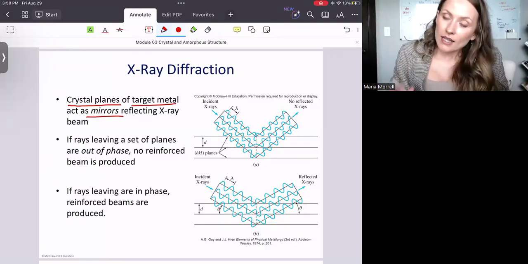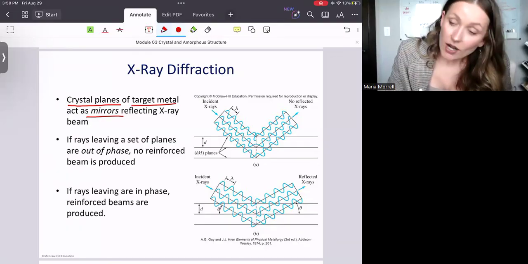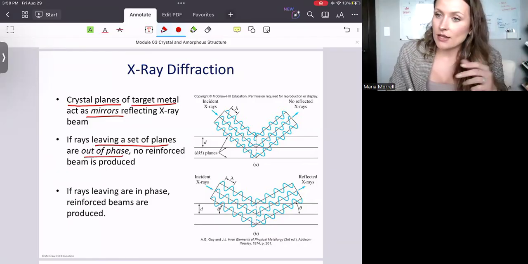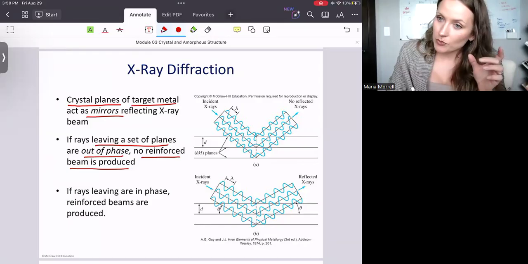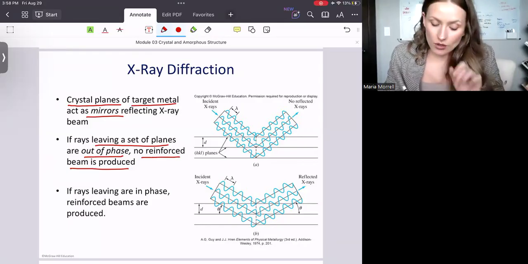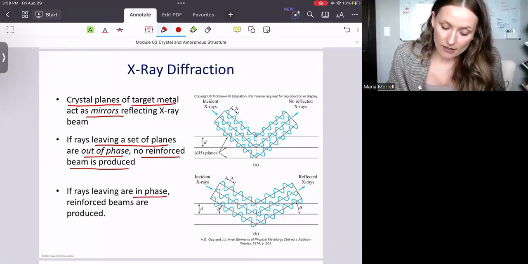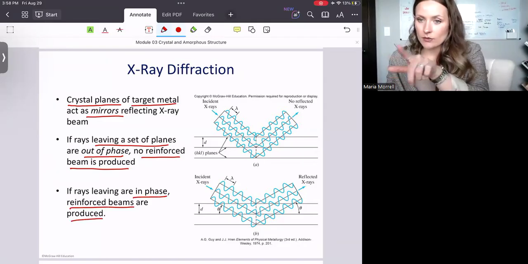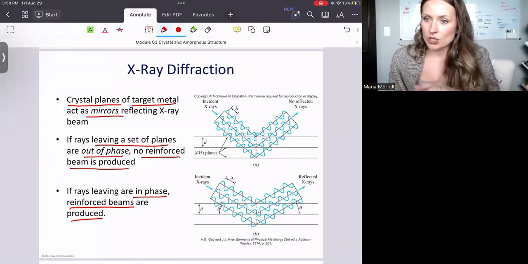Now, the rays leaving a set of planes can either be out of phase, and that means there's going to be no reinforced beam produced, or they can leave in phase, and that means that reinforced beams are produced. And this is exactly what we see on the picture here.